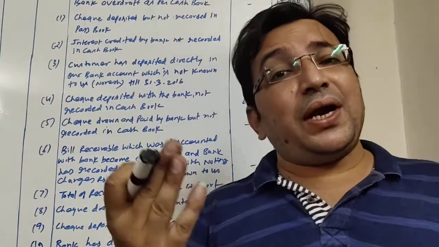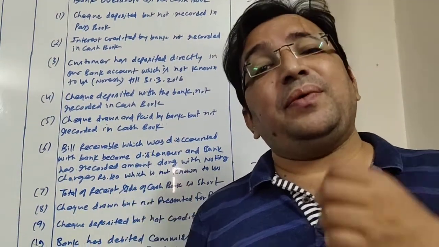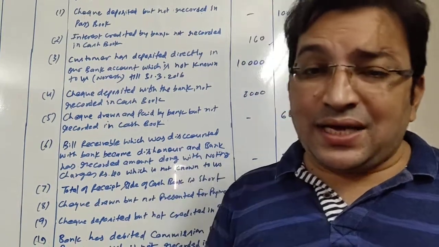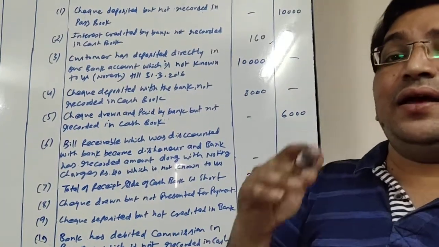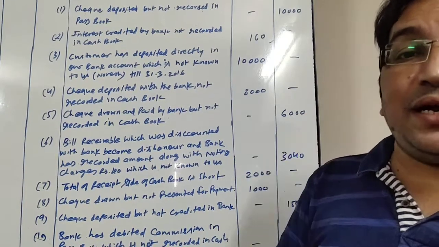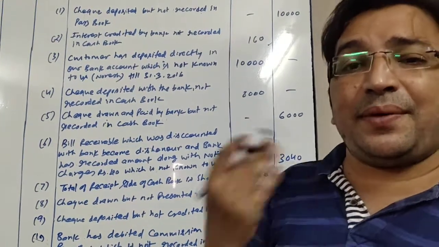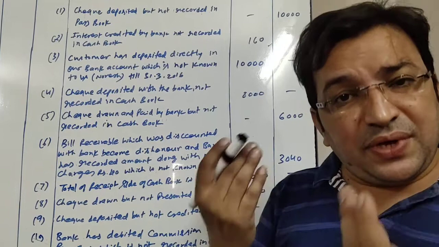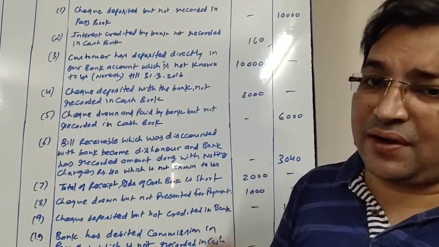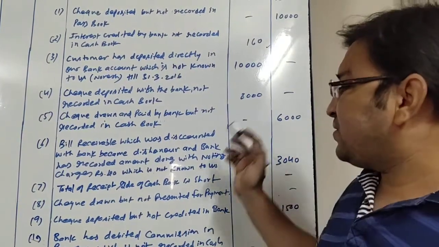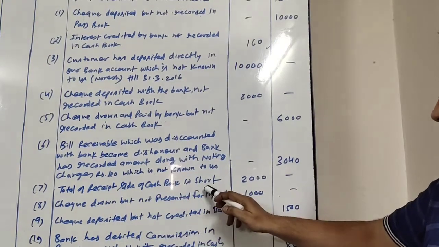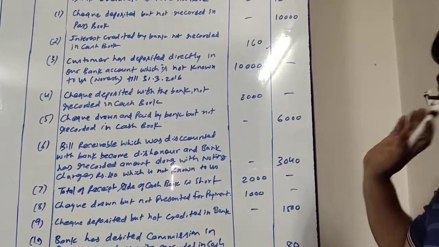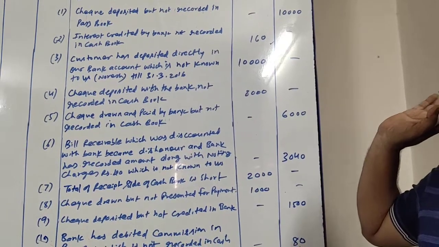If it were overcast, we would give the opposite effect, but it is cash short. So on the receipt side we have to increase the amount, that means on the debit side we have to increase the amount. So we have to debit this much in our bank reconciliation statement. So here it is: total of receipt side of cash book is short, rupees 2,000.